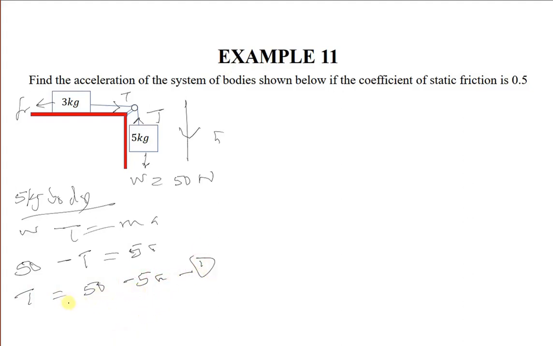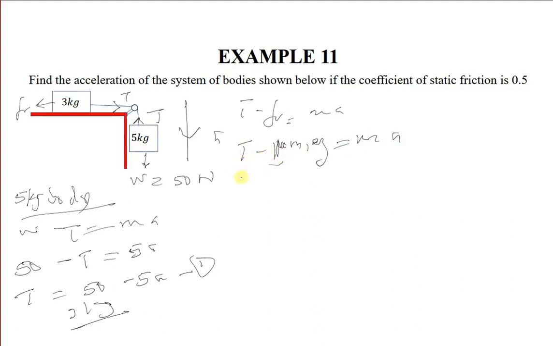Now for the 3 kg body, we will be having tension minus frictional force is equal to MA. So that will be tension minus mu M1 G is equals to MA.